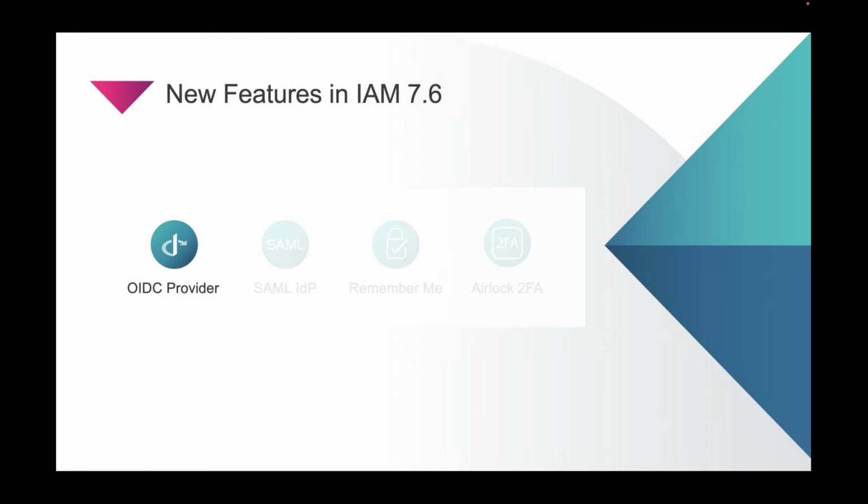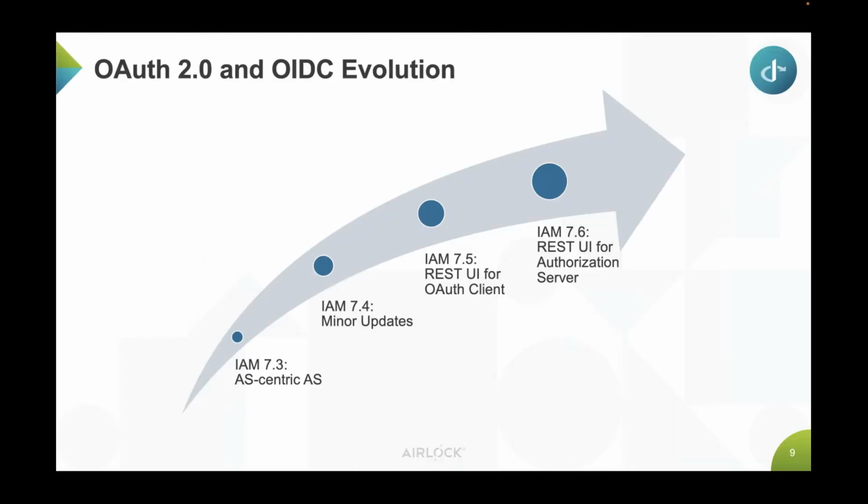Thanks, Marc. OpenID Connect provider. I just wanted to remind you a little bit of what we did over the past few iterations of IAM. It all started out in 7.3, where we introduced the AS-centric authorization server for OAuth and OpenID Connect.